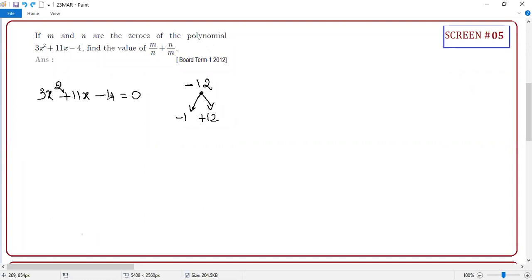But the moment you know how to factorize, then factorization is the best method of all. Even many of the JEE students I have seen are using quadratic formula. Why? They are not clear with finding these two numbers and putting the sign. Are you clear, students? But I think you guys are very clear on these steps.